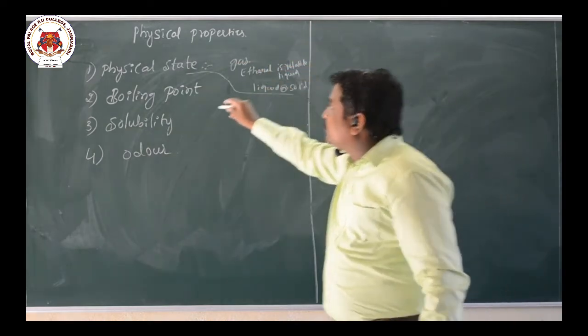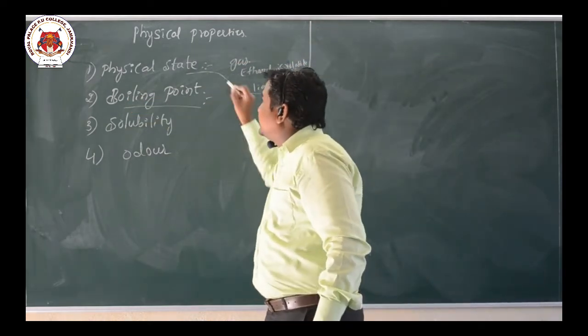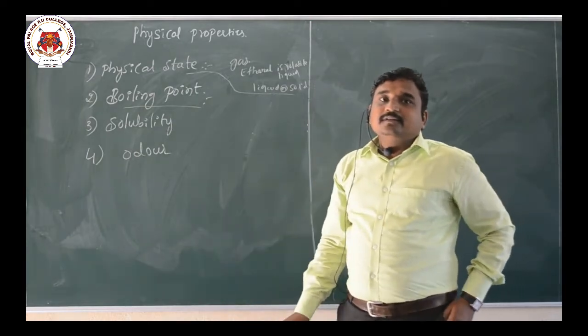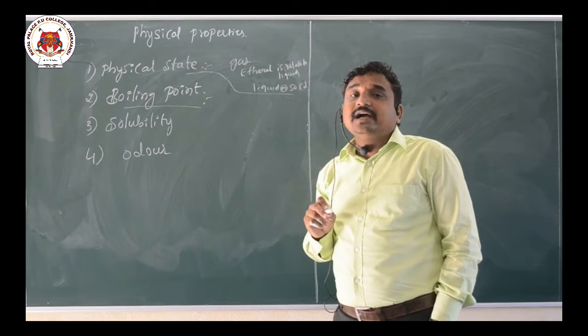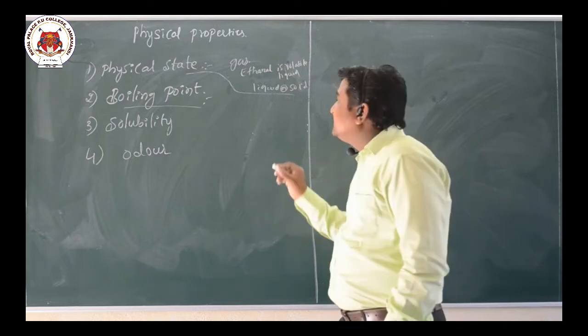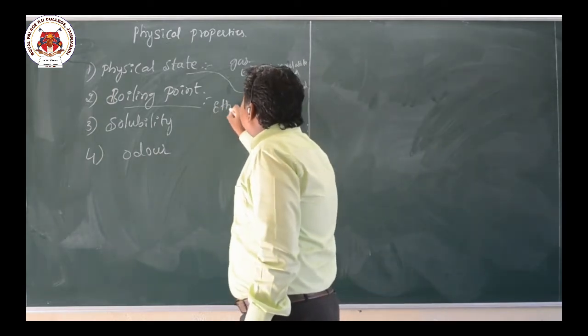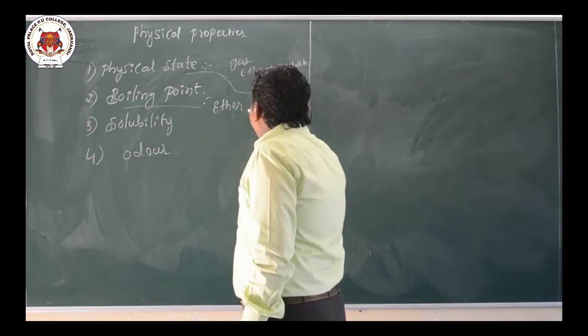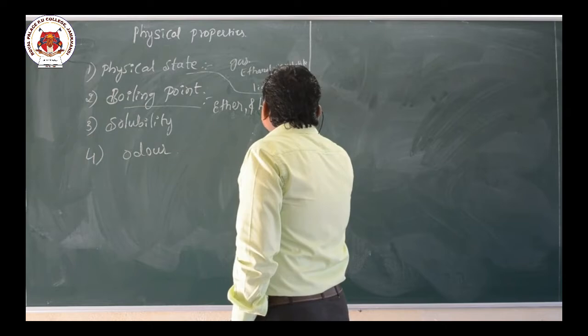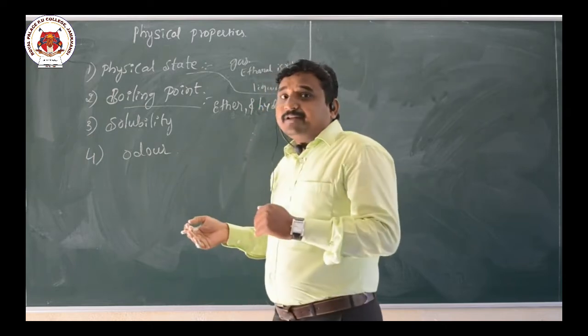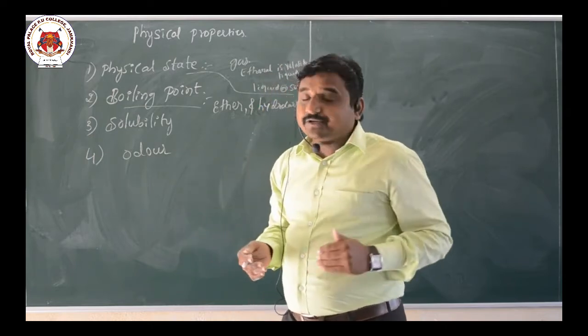Let us move to the second property, boiling point. The boiling point of aldehydes and ketones is higher than that of ethers and hydrocarbons. This is because of the existence of dipole-dipole interaction.